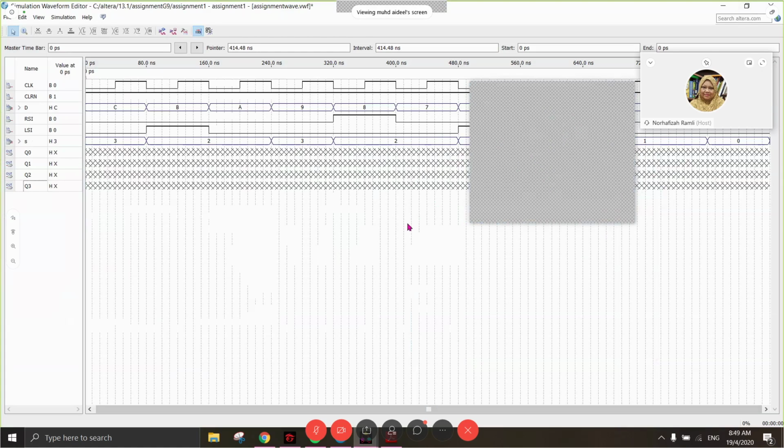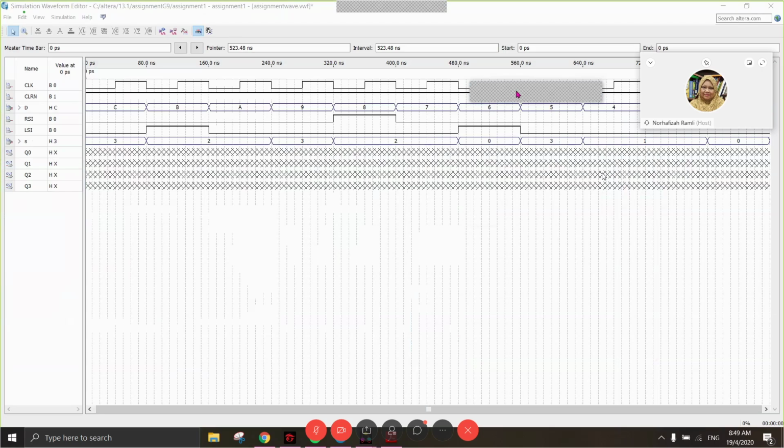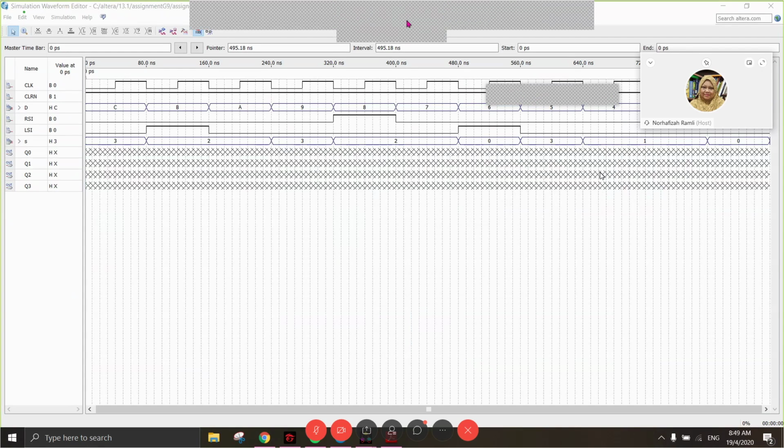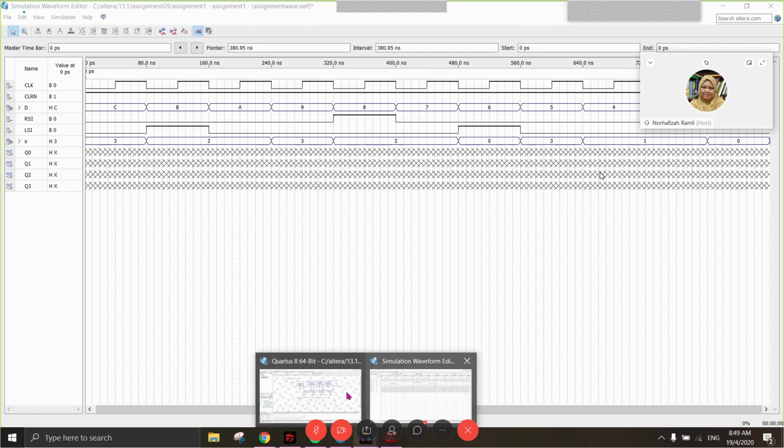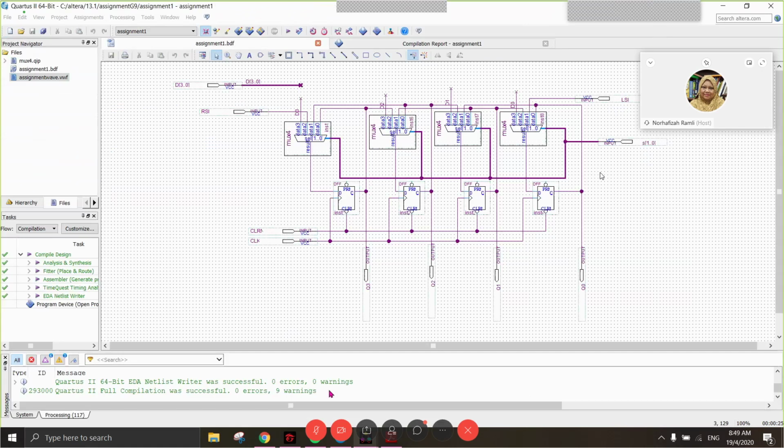Assignment can delete. Participant. Do you see also the participant here? No. What you see is just the screen here. Okay, good. Because mine, I see so many things in front of me. Can you see that? My full circuit.